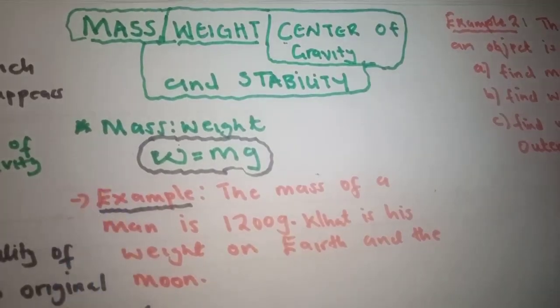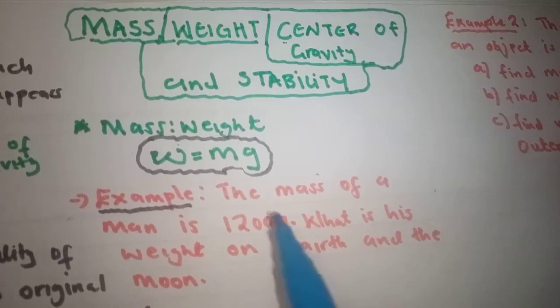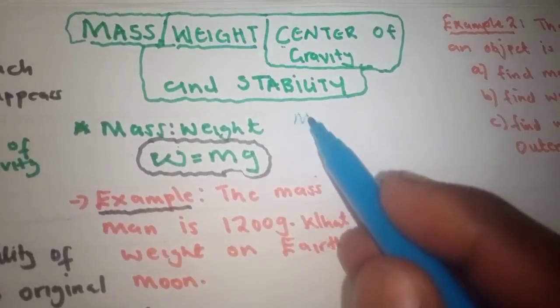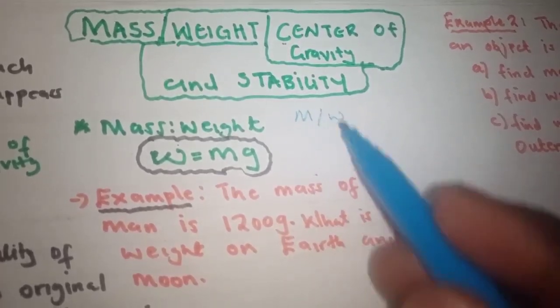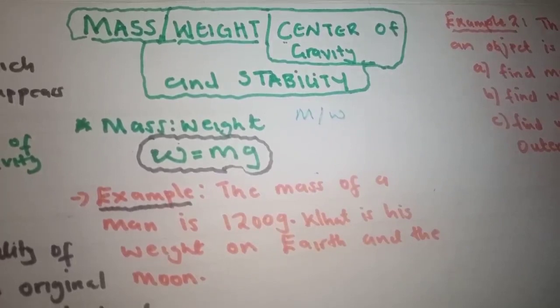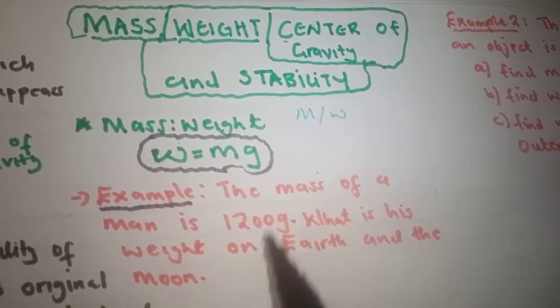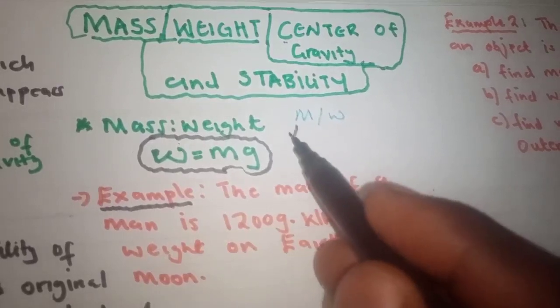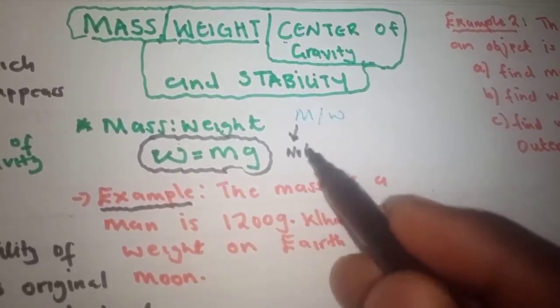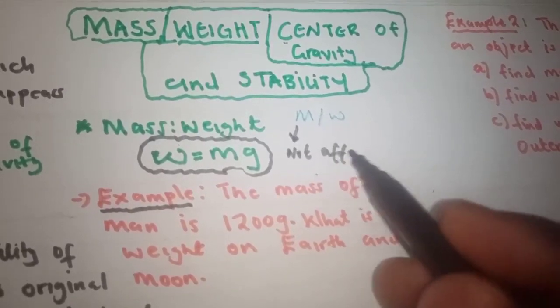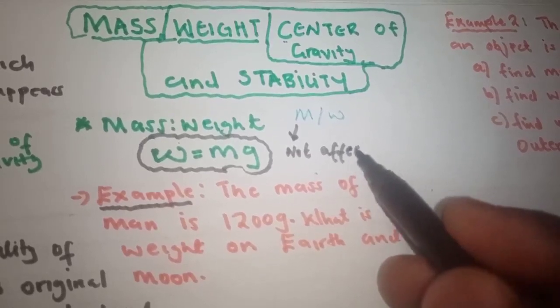Mass is defined as the quantity of substance in an object, while weight is defined as the attractive force exerted on an object due to gravity. When you compare mass and weight, the major difference is that mass is not affected by gravity.